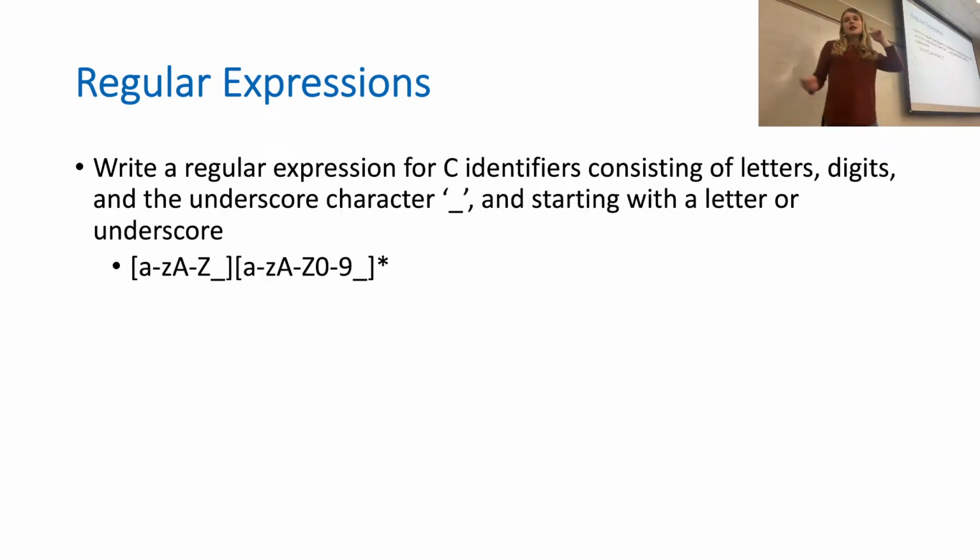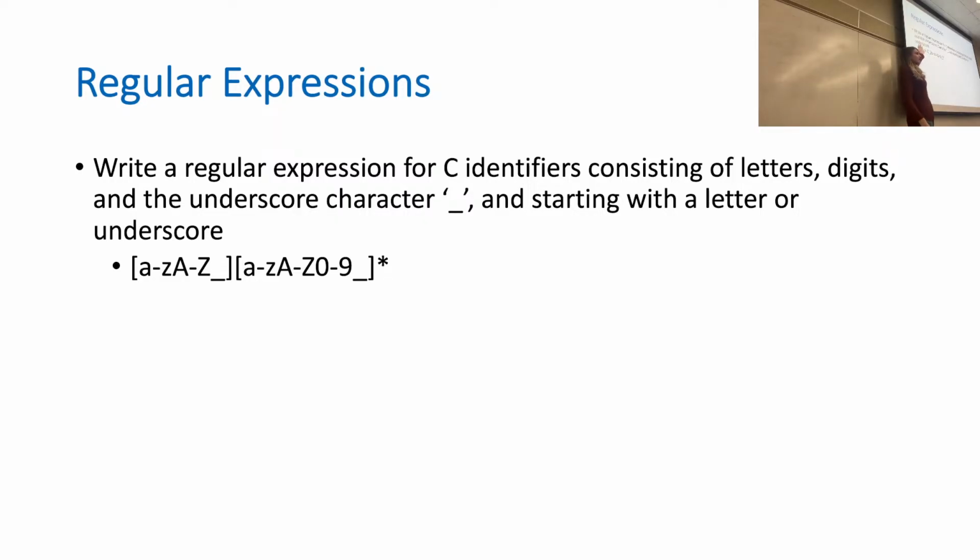So this is not something I'm going to make us derive ourselves, but this. A through Z lowercase, A through Z uppercase, underscore. So what we're basically saying is this is the set of all upper and lowercase letters and the underscore character. And this doesn't have any repetition.